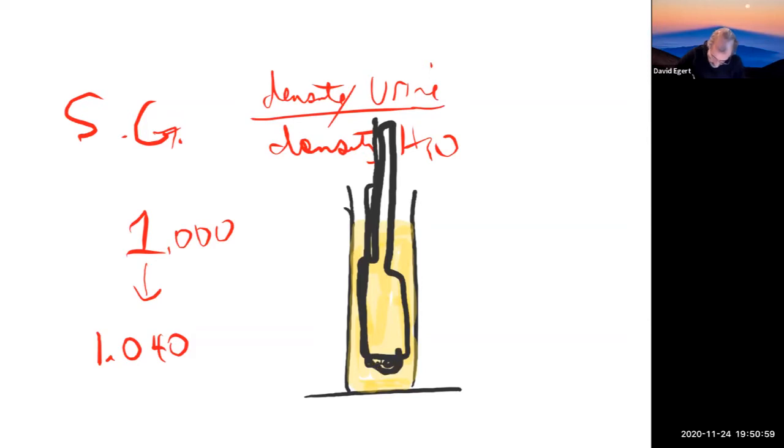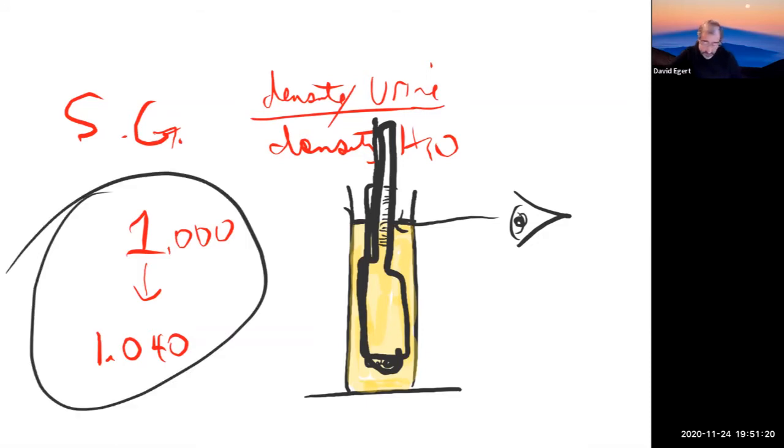And it's got little gradations on it. And you can actually just read, depending on how high this is floating, there is an actual value. It'll just say what is the specific gravity right on the little float. And if your urine is more watery, then the float will be lower.